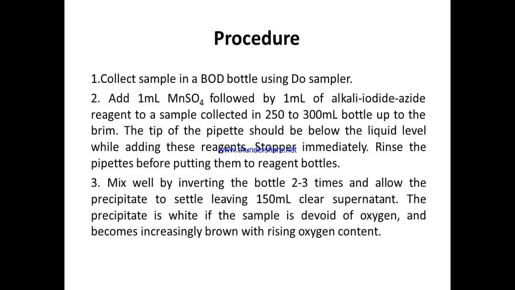Then we will let the bottle remain for 30 to 40 minutes, we will keep the bottle in an undisturbed condition. Okay, then we will see that the brown color that was being formed has turned into a precipitate and has settled down at the bottom.